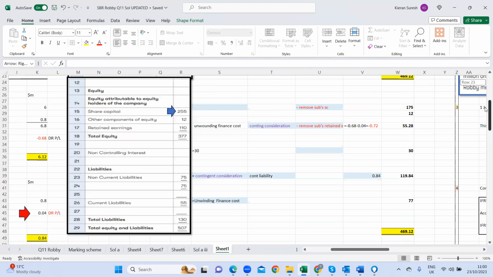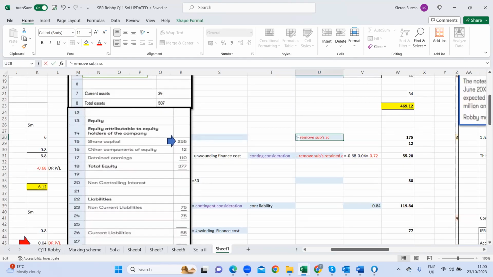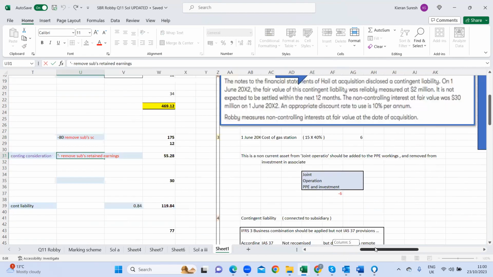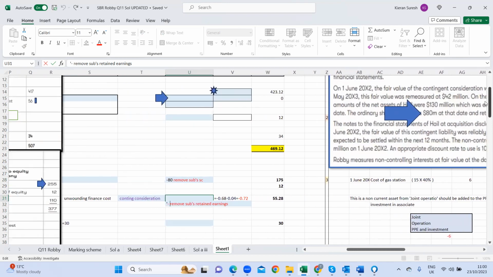We're removing 80 million because it is the subsidiary share capital. Then I also need to remove the retained earnings, which is 50 million.